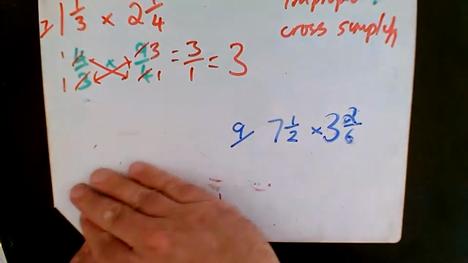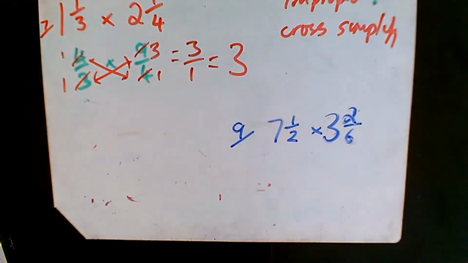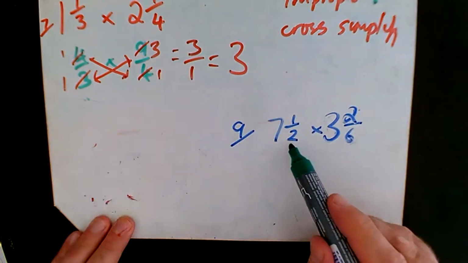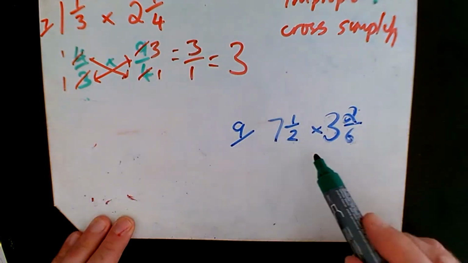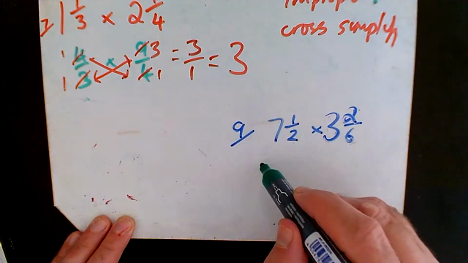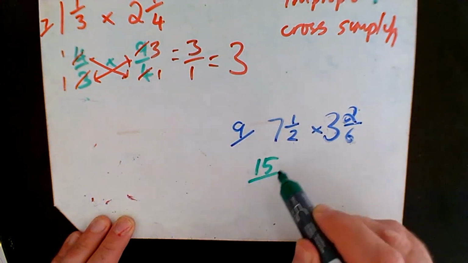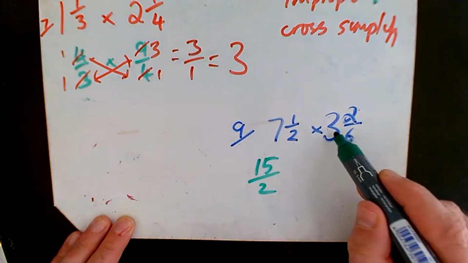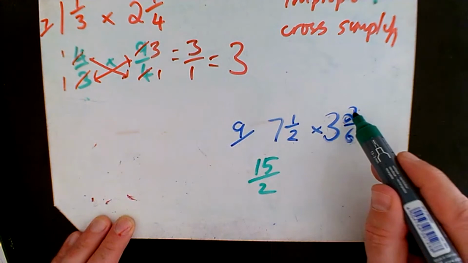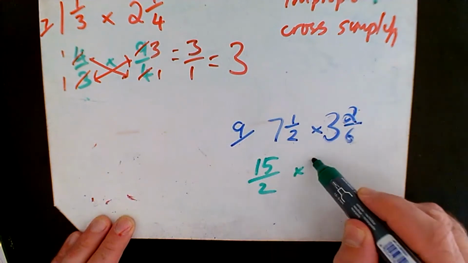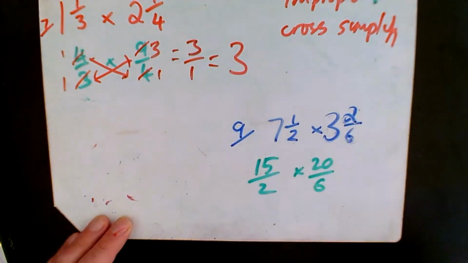Let's have a look at the last one. Same thing, improper fraction. First, turn into an improper. 7 times 2 is 14 and 1 is 15. 15 over 2. 6 times 3 is 18 and 2 is 20. 20 over 6.